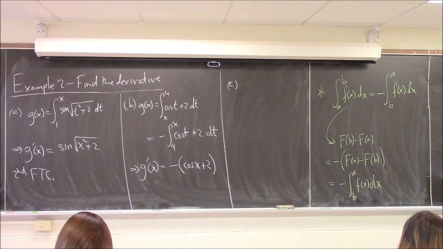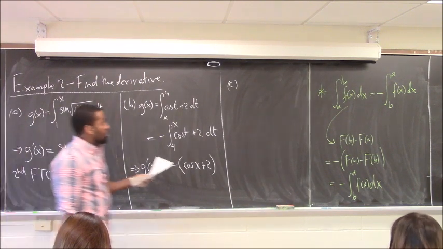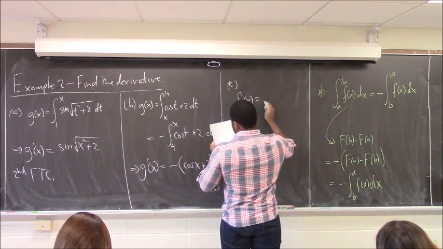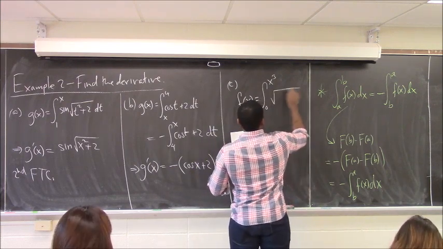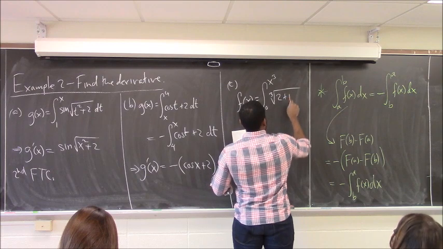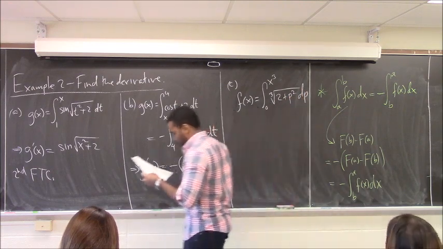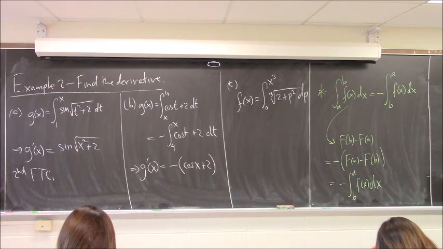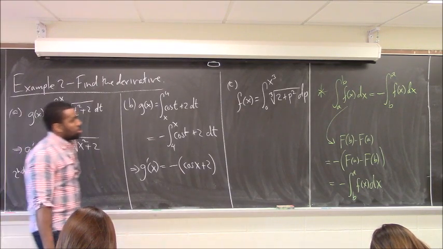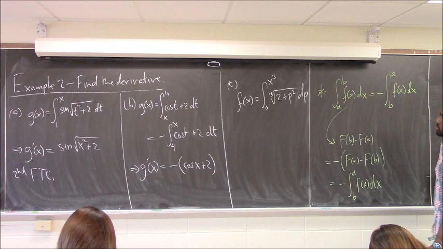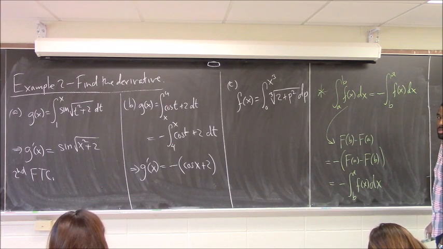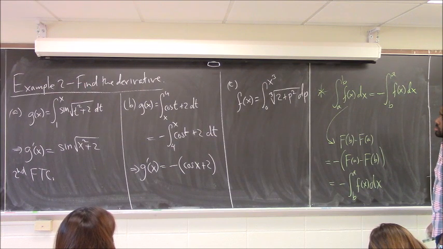C. Find f prime. Ideas here? Yeah? Just be f prime of x equals cube root of 2 plus x to the 6th.